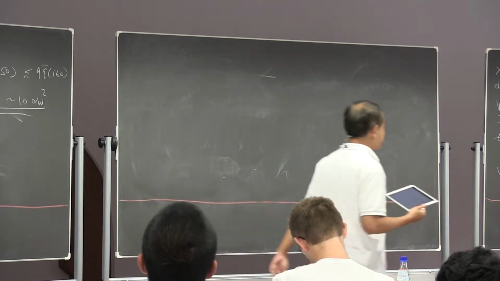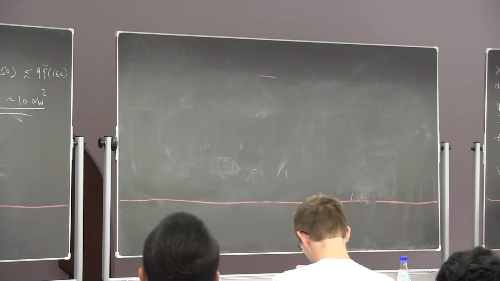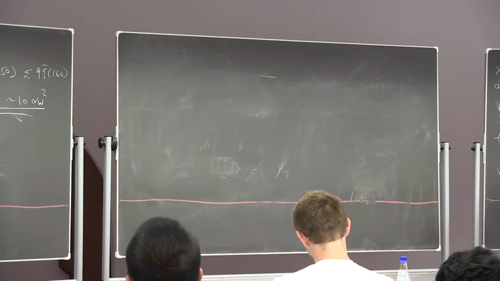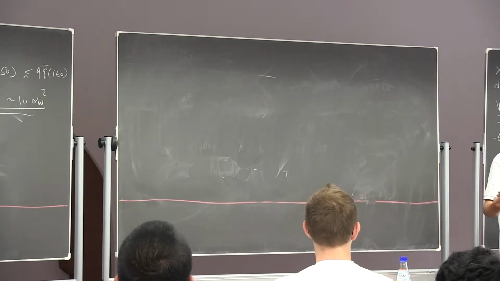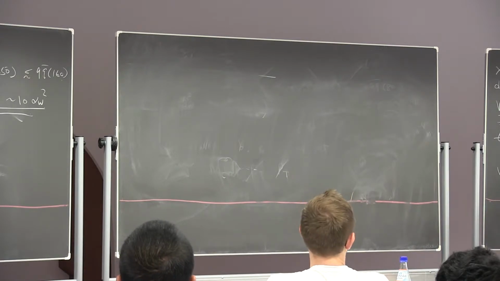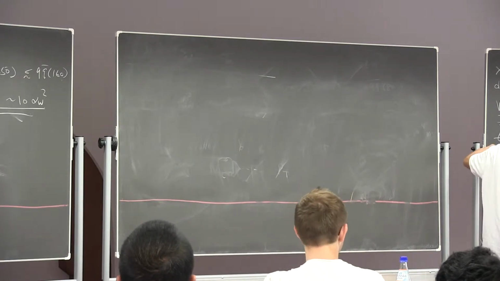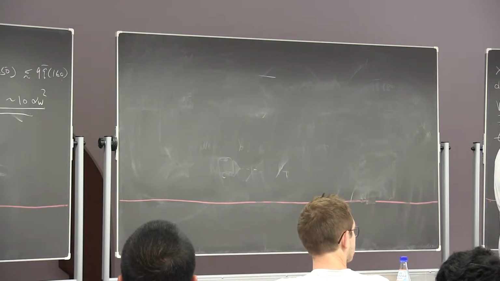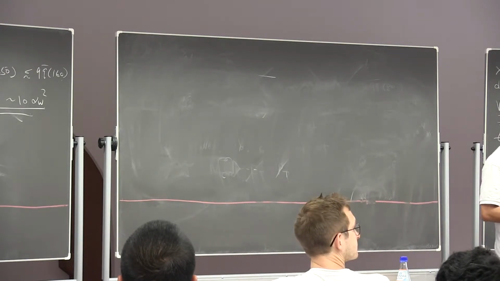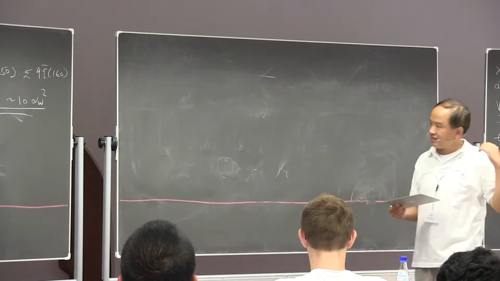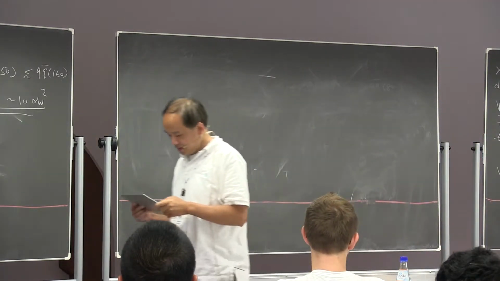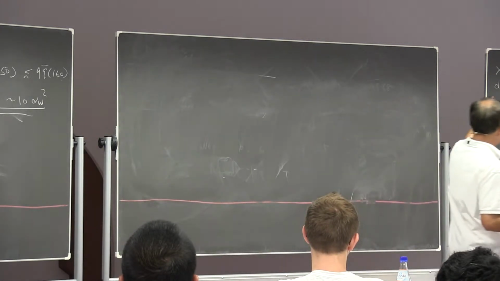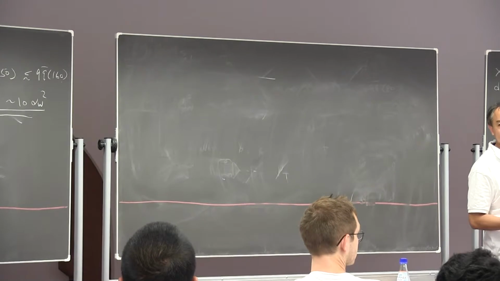The center of mass here is at least 500, because I need two jets with greater than 250, so the energy is at least 500, and the energy here is 350. If anything that hurts this process, because if you have higher energy, you have a smaller PDF. But why is that 2 orders of magnitude bigger than that? It's because this guy has many more diagrams than this guy.